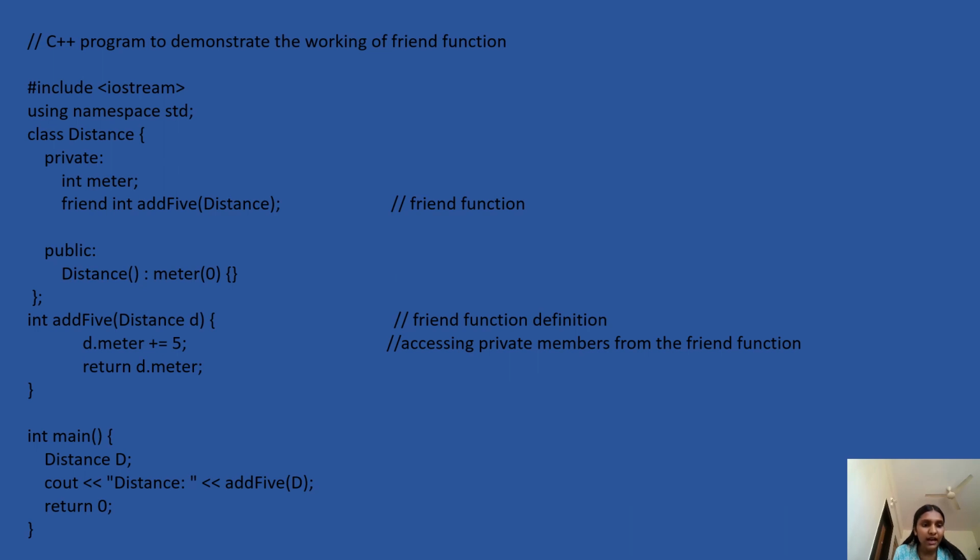It adds 5 to it and then returns the updated value, which is printed on the screen. Through this example, it gives us an idea about the concept of the friend function. It doesn't show any meaningful use, but a more meaningful use would be operating on objects of two different classes, and that's when the friend function can be very helpful.